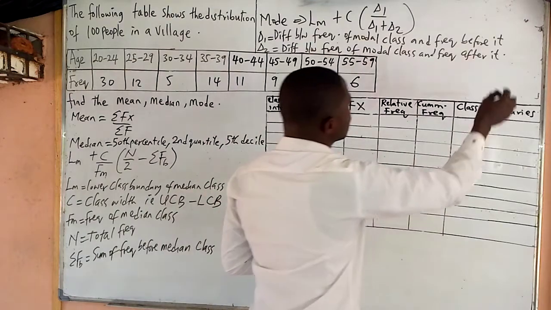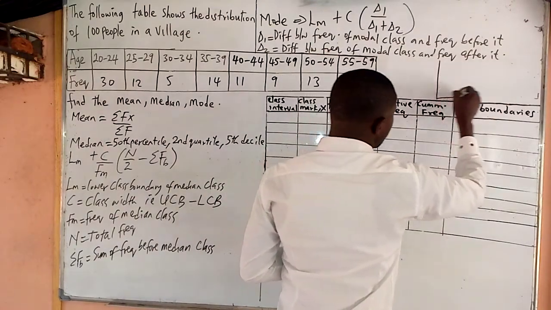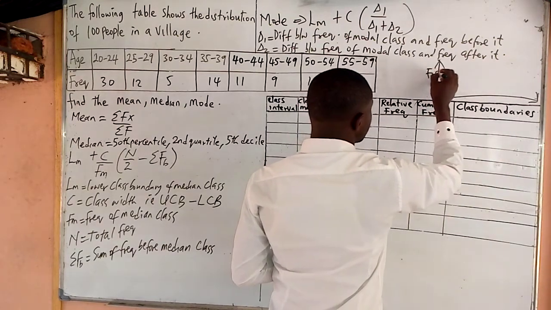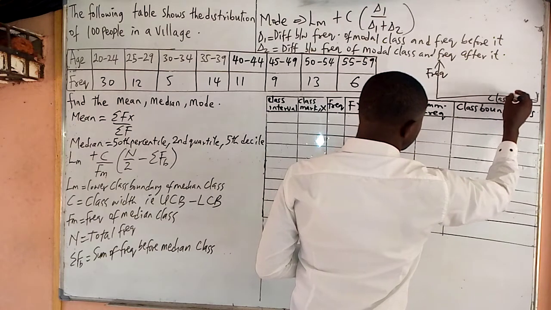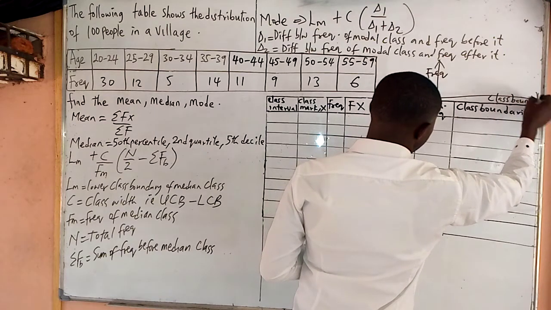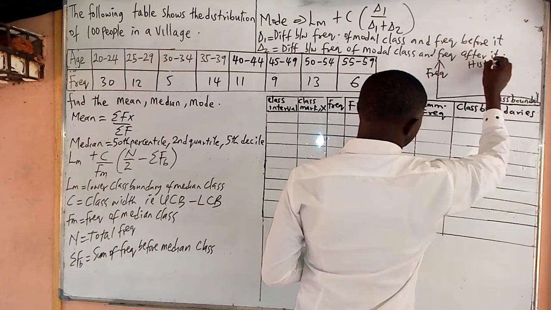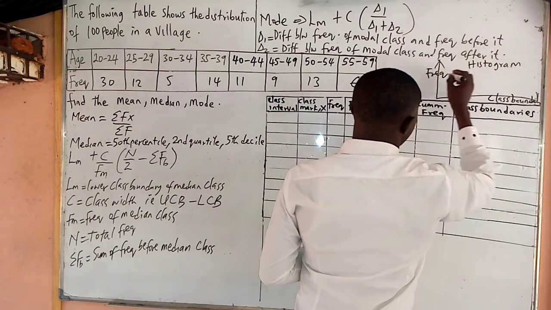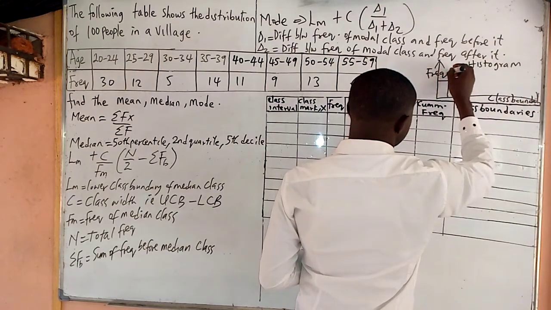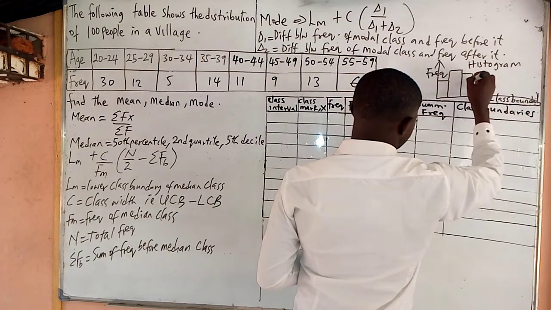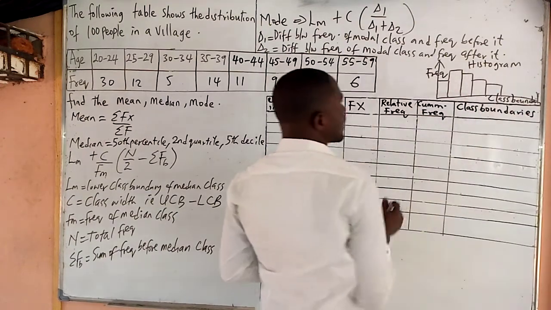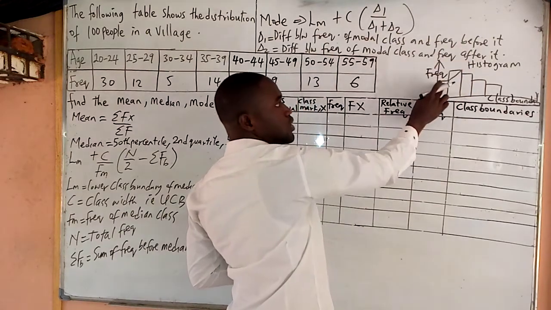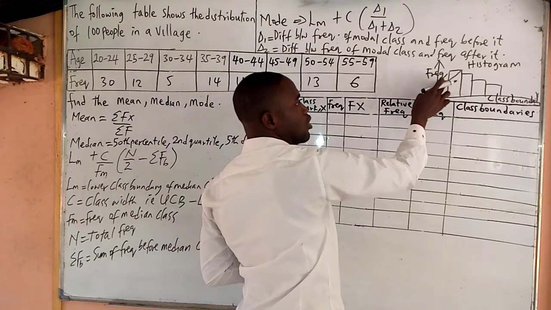Remember that mode can be gotten graphically as well by plotting a histogram, a graph of frequency against class boundary. Once you plot it, use your meter rule to connect the edge of the highest rectangle with the lower one.